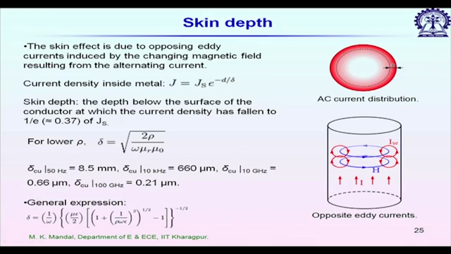In other words, the metal thickness we need at millimeter wave frequencies is very small. The thumb rule is that you just take the thickness 5 times the skin depth value. So, for example, at 100 gigahertz, if I take a metal thickness of 1 micrometer, it is sufficient to support your current density.